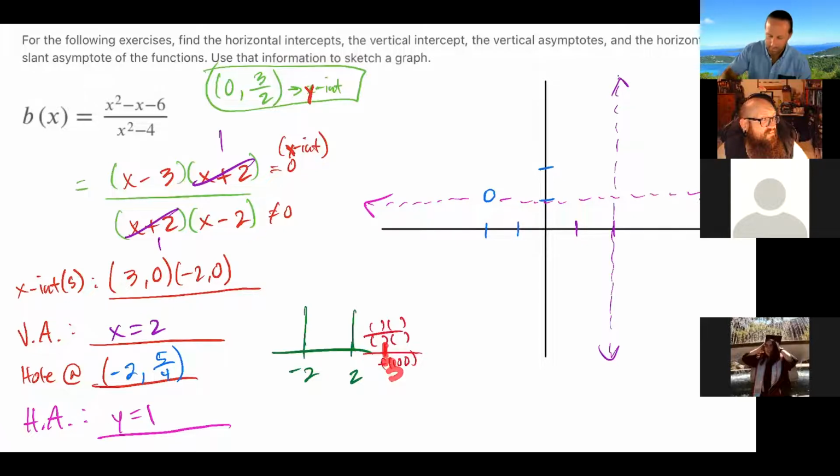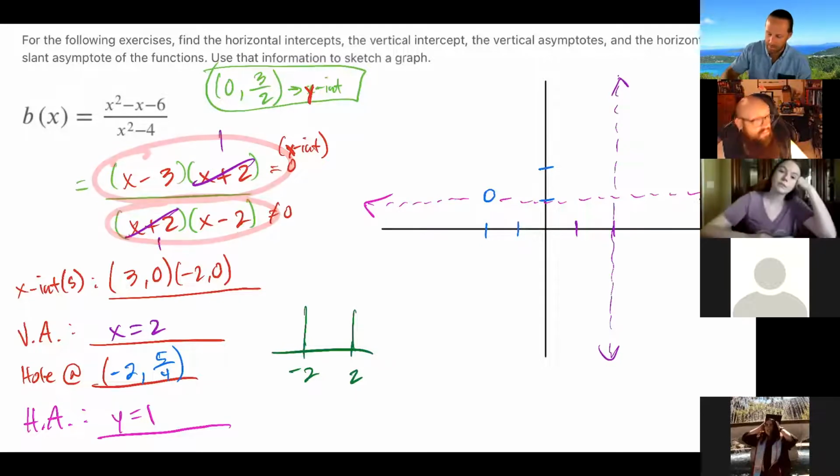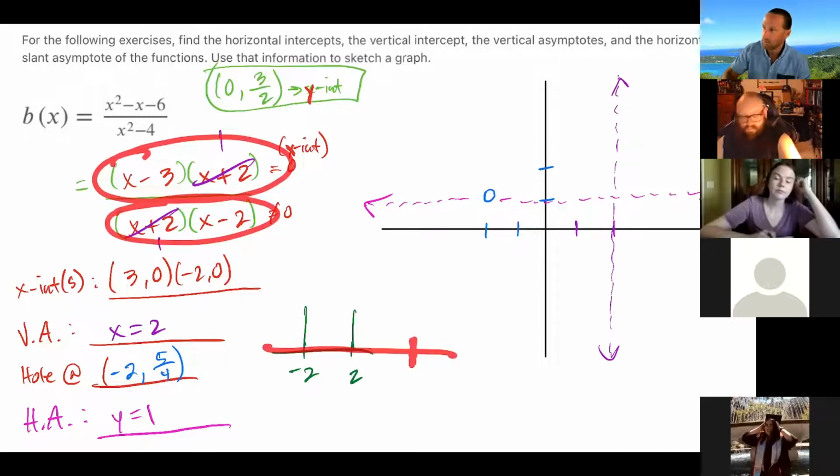So if you plug it in, that would be 0, because 3 minus 3 gets you 0. Very good. That's a problem: 0 over 1. You can't just focus on the bottom anymore. You have to find the zeros on top and bottom and use those on the whole thing.